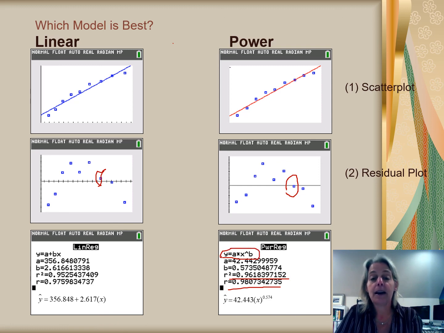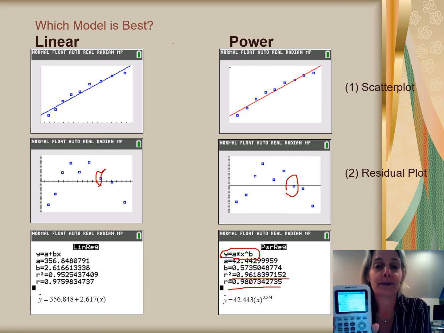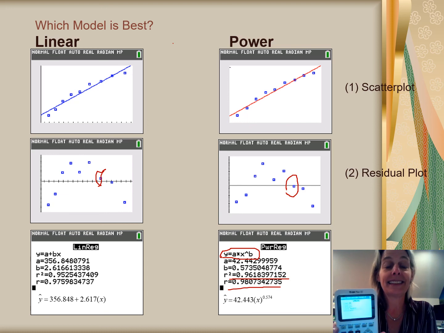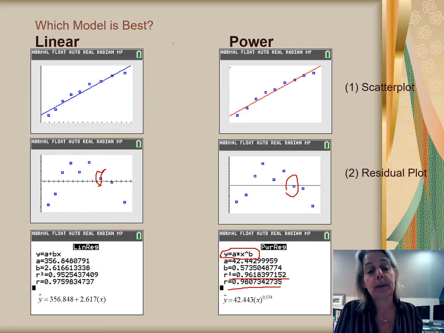So to get the power regression, I go back to my calculator and hit Stat, Calc, and go down or up to where it says power regression, which on my calculator is A, and I hit enter. And here I'm going to use list 1 and list 2. So I'm going back to the original data, not the transformed data, when I do my power regression to get my actual equation.